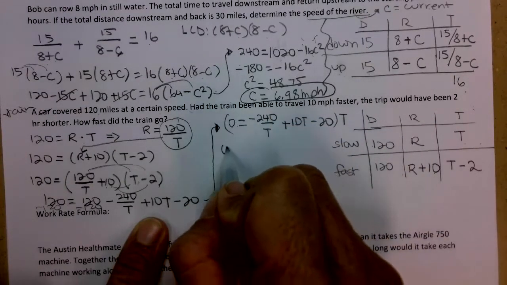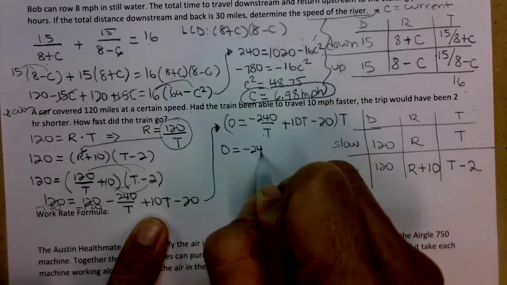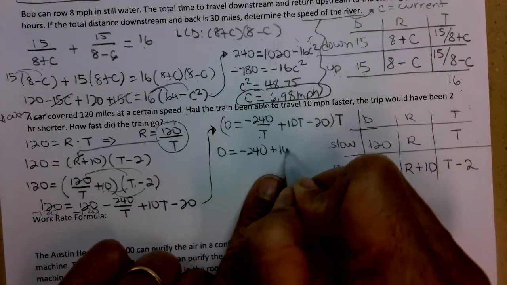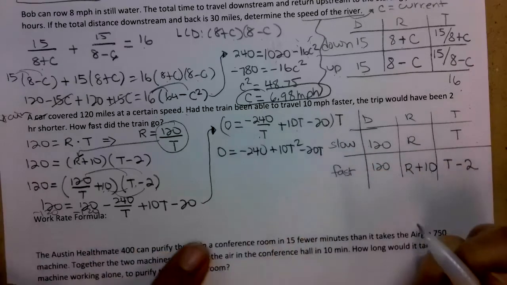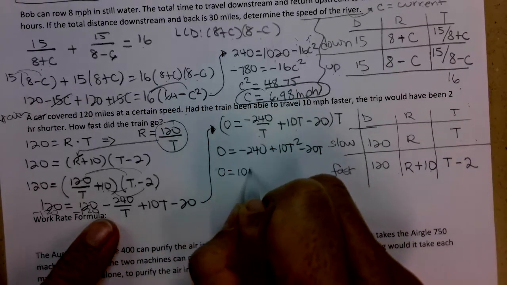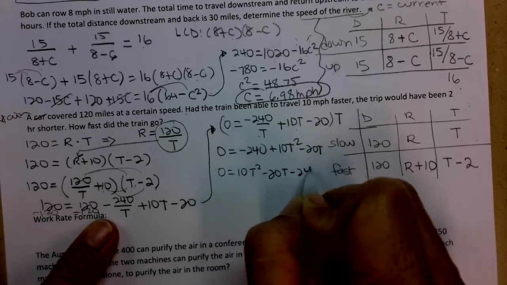T times 0 is 0. Negative 240, because the t's will cancel. I get a plus 10t squared minus 20t. I'm going to rewrite that so it looks a little bit nicer. So 10t squared minus 20t minus 240.